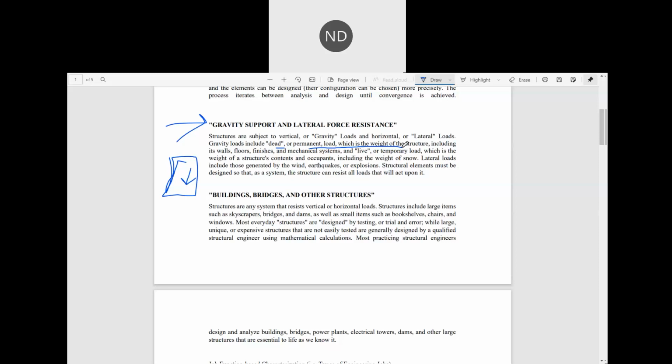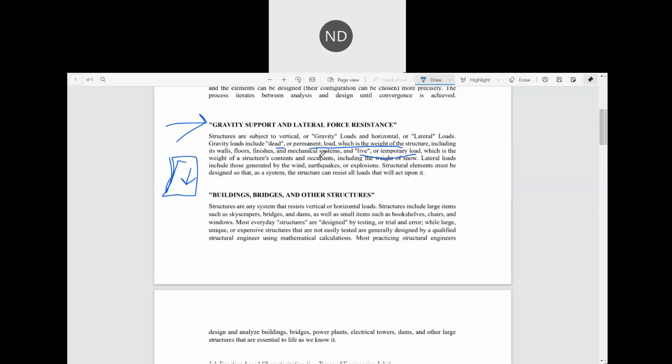Live loads are temporary loads. They are increasing, decreasing, may be zero, may be more, but the maximum is taken into consideration before we design the member of any structure. So these are the two different loads: the dead load, which is permanent, and the live load, which is temporary.